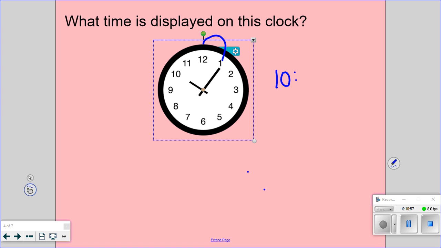I could also say it's 5 minutes past 10 o'clock. So I would say that it is 10:05. That tells me the hour is 10. The minutes are 5. In standard time, there is no way for me to know if this is AM or PM.